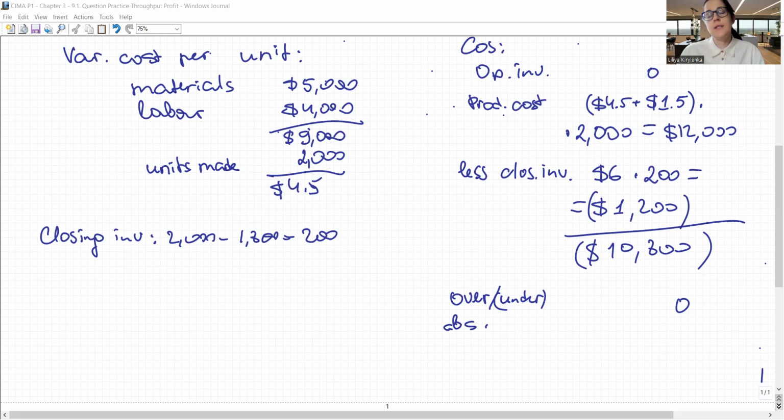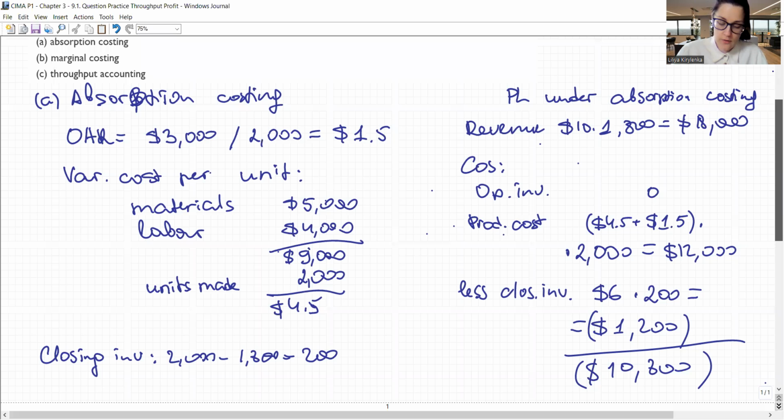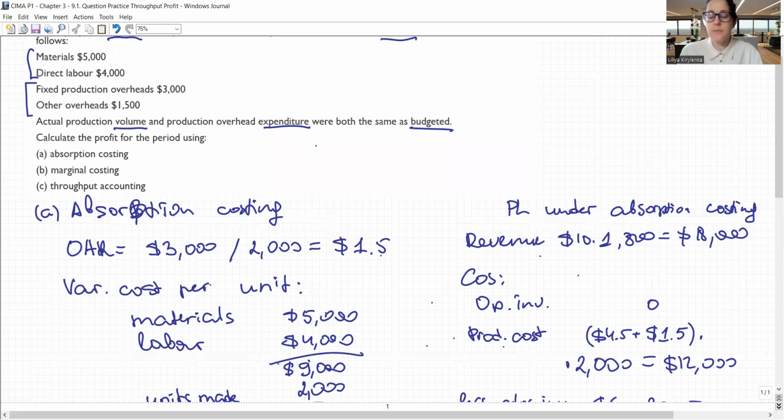Instead, you need to include the difference between the overheads that were absorbed, and overhead absorbed to production is 1.5 multiplied by 2,000. Because 2,000 is the production, so it's 3,000, and the amount paid. So we look at the amount paid.